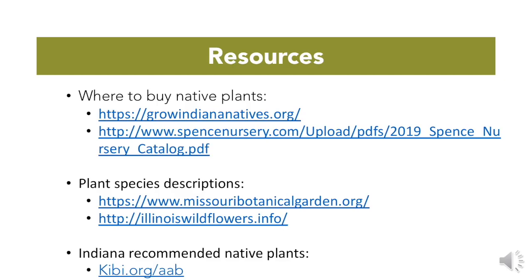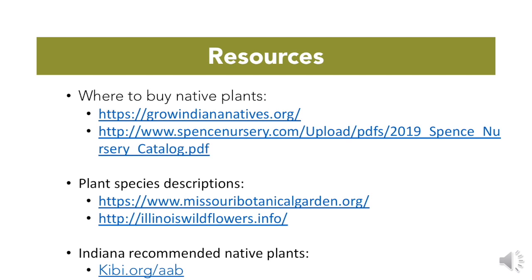A few resources for you guys. First are some resources on where to buy native plants. GrowIndianaNatives.org is a growing database of different nurseries throughout the entire state that sell native plants. So you can look up where nurseries are based on your location.